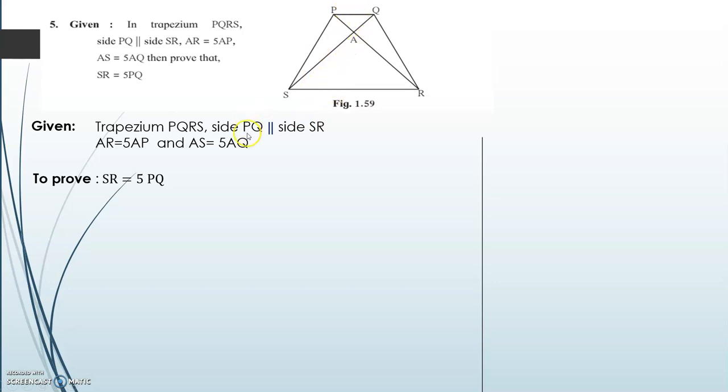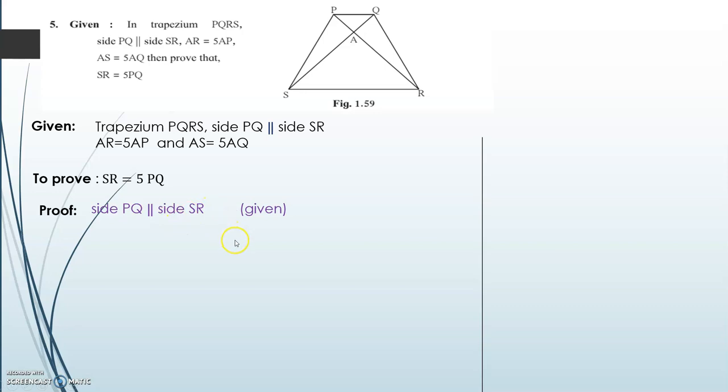First of all, please note PQ is parallel to SR. Whenever two sides are parallel, the alternate angles are congruent. So when PQ is parallel to SR, we can say angle PQS is congruent to angle RSQ. Alternate angles are congruent.